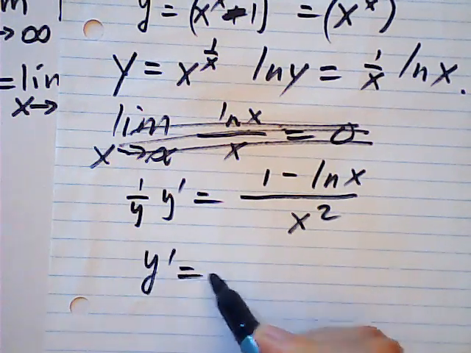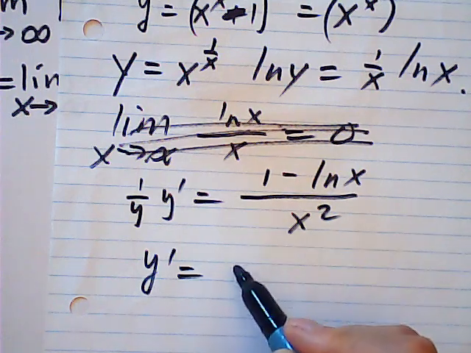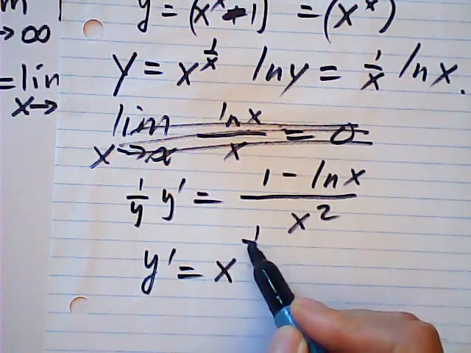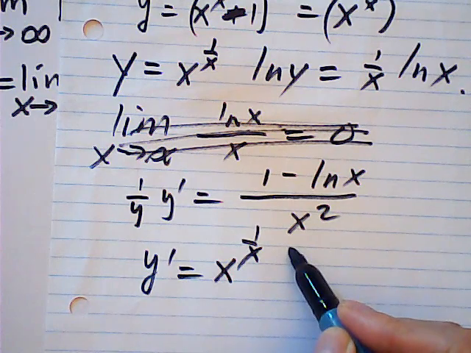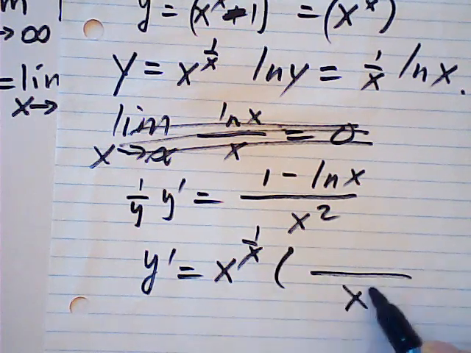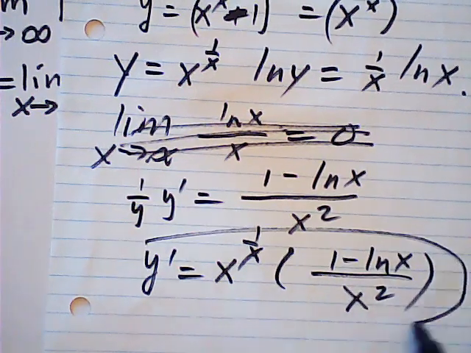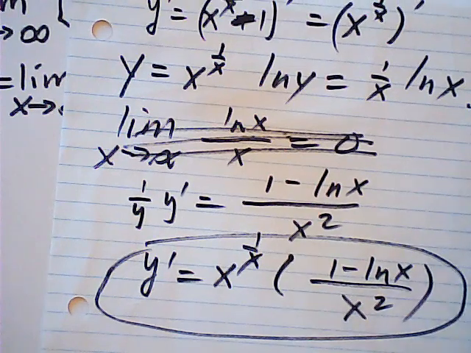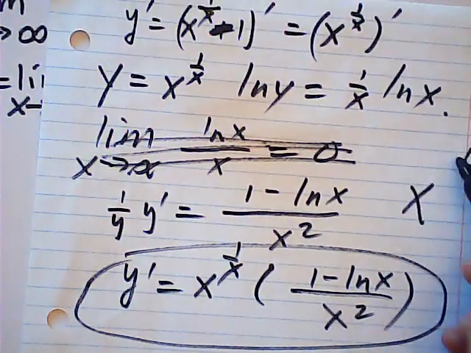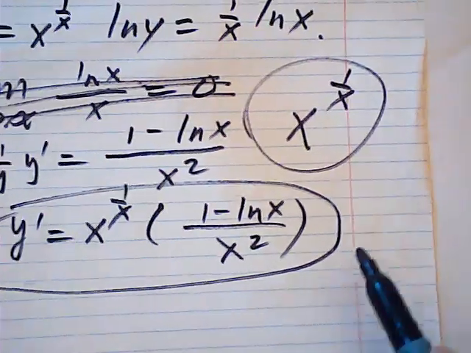Therefore, y derivative equals x to the 1 over x, times (1 minus log x) over x squared. Yeah, that is the derivative of x to the 1 over x.